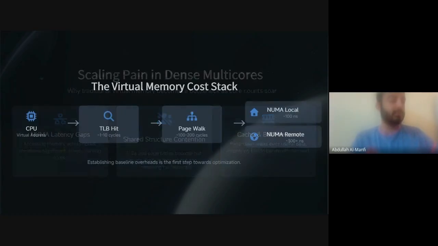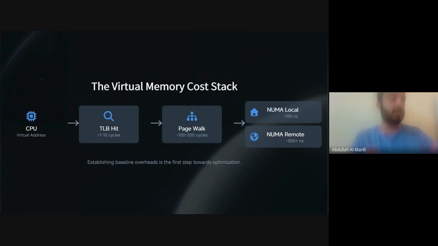At the same time, shared structures like the TLB and page tables become hotspots. Page table walks add extra latency and also create extra traffic that competes with normal data loads and stalls.